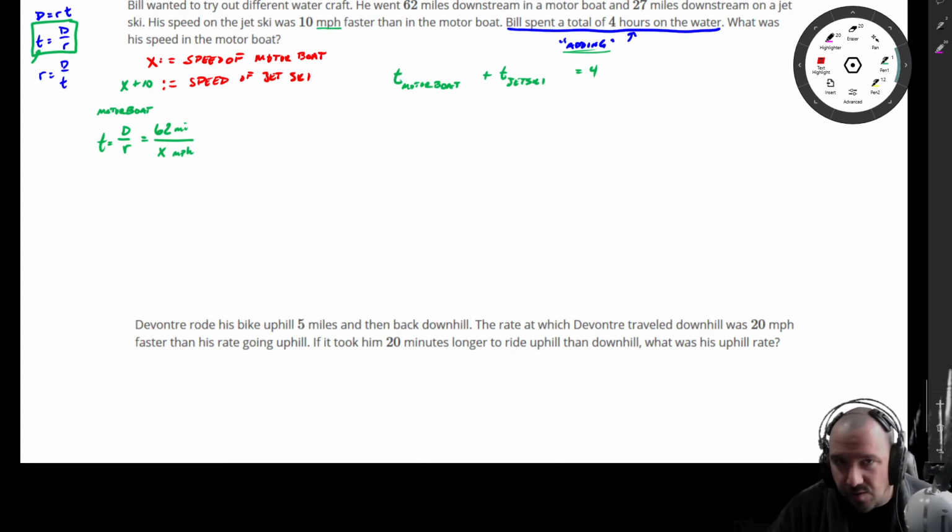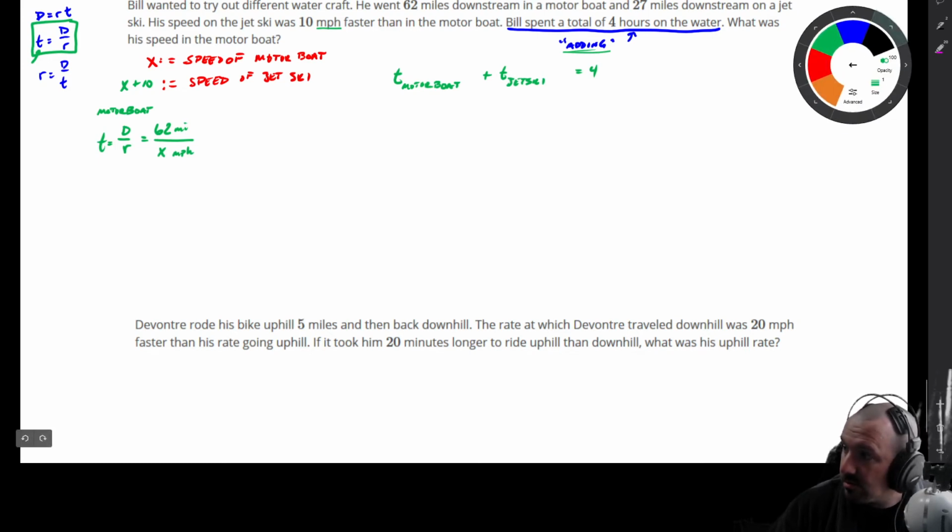I can't use 30 minutes. I have to use hours, or I have to change it into miles per minute or feet per minute or whatever. It's going to be easier to just call it half an hour. But the point is that all of your units must agree. If they don't, you need to change them so that they do. So this is for my motorboat. My units agree, so I'm moving on.